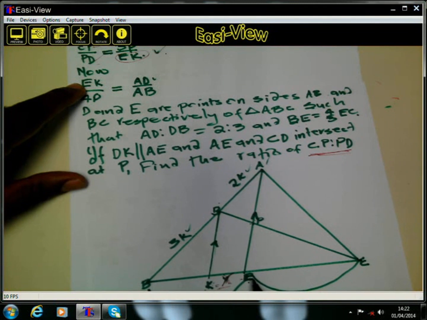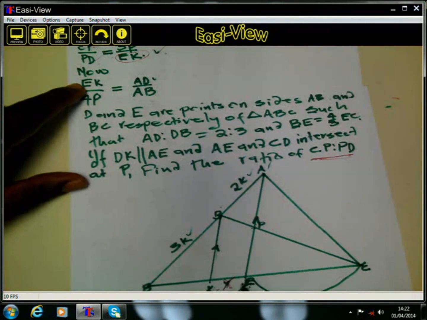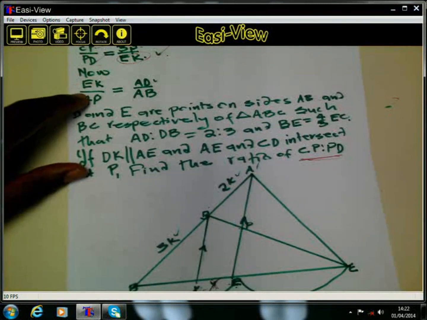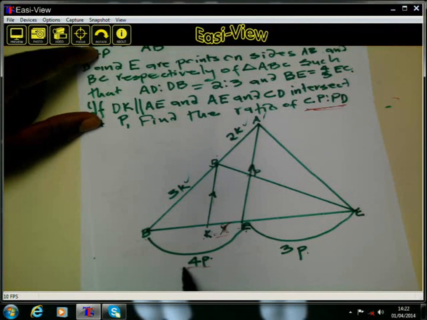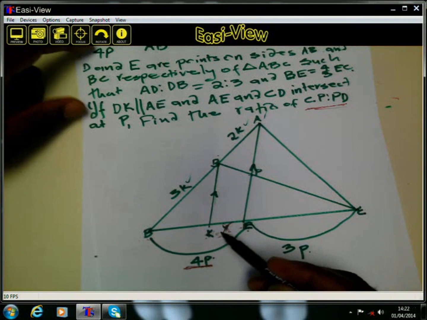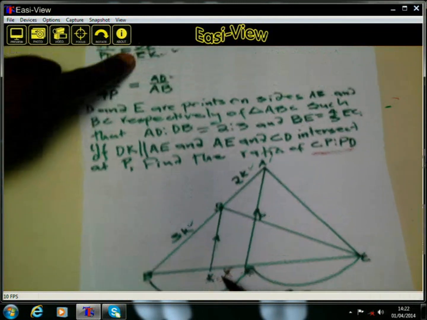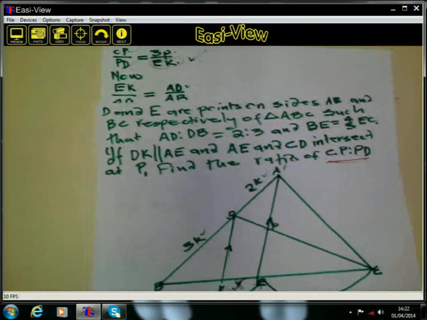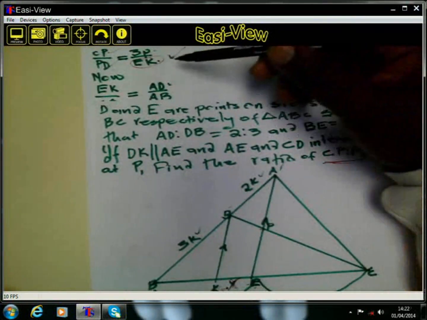EK over the longest side, which is BE. Do we have the magnitude of BE? Yes. The magnitude of BE is 4p. EK is the same side that we are looking for in this triangle. It belongs to both triangles, so it becomes quite easy if we look at it from the other triangle.